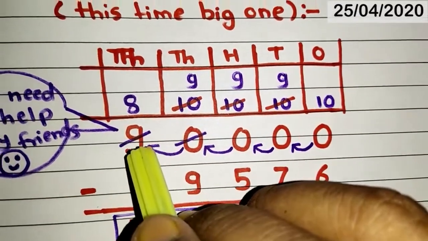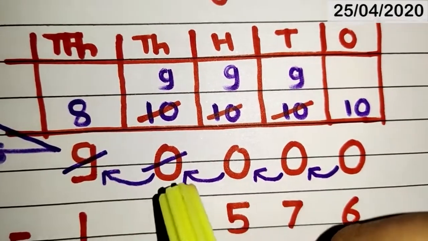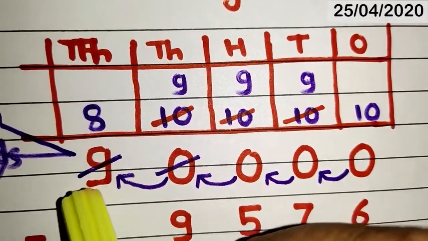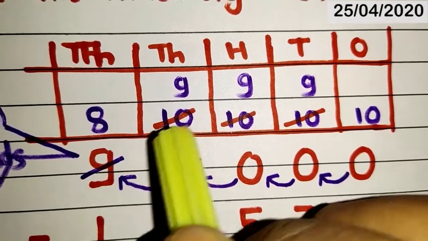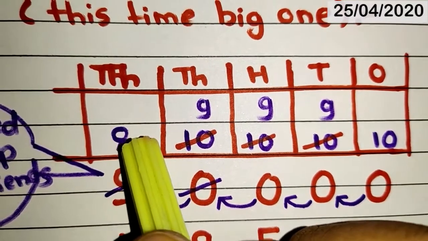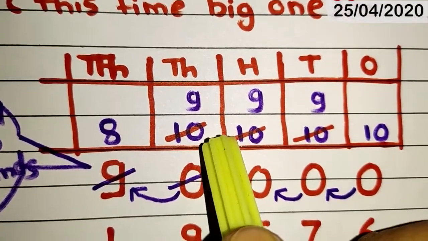Just write down the number 1 before this number 0. We are writing this 0 here, then the number 1 which we are taking from 9 here. So we took 1 from 9, so 9 will become 8. Write down 8 here and 10 here.